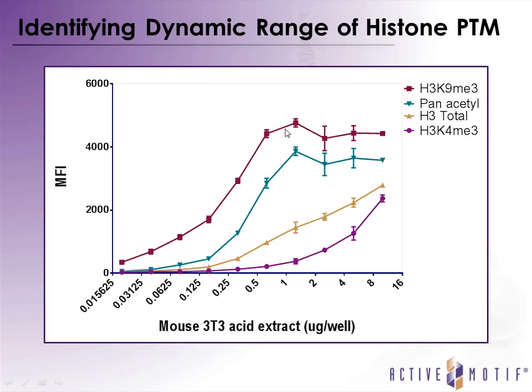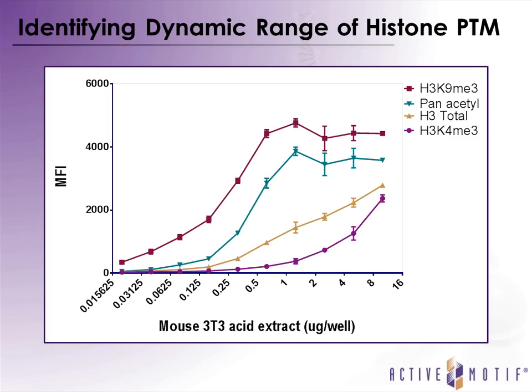As you can see for trimethyllysine 9 and pan-acetyl beads, amounts over a microgram per well have saturated those beads, and you no longer see any responsiveness of those beads with increasing amounts of signal. The region of the curve that we call the dynamic range is where you see proportional increase of signal with increasing amounts of lysates.